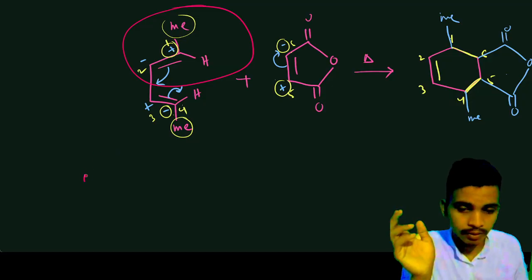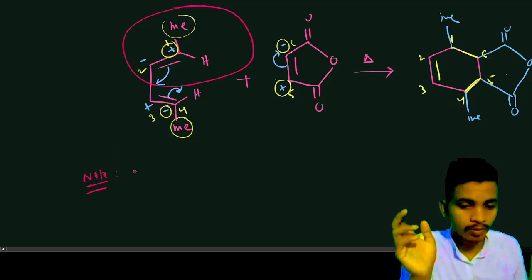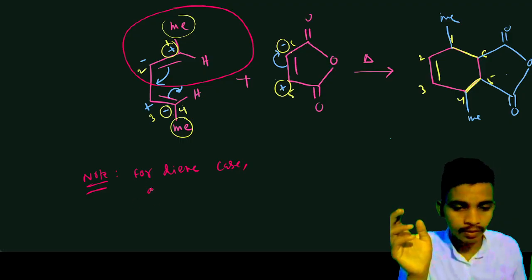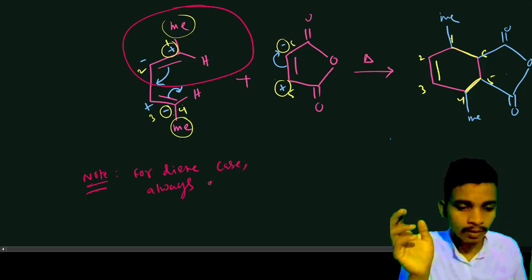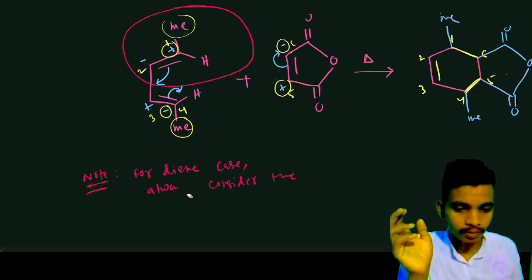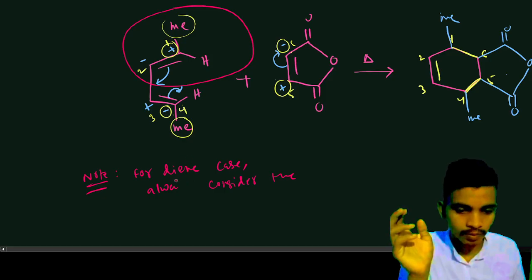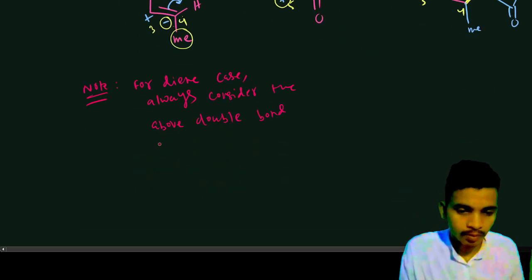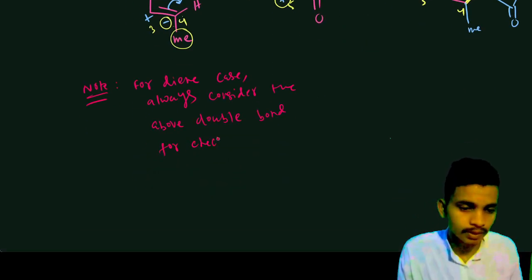For the diene case, always consider the above double bond for checking stereochemistry.